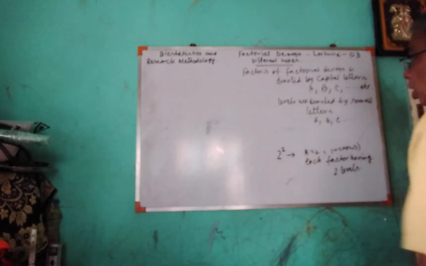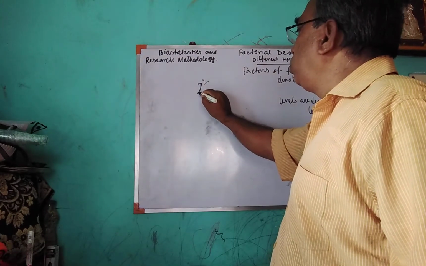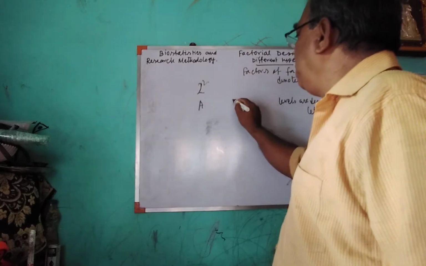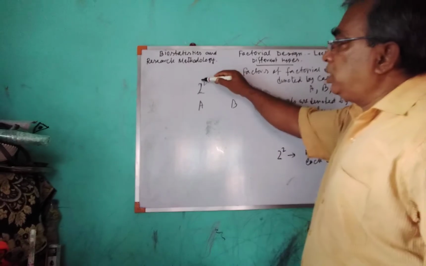So in a 2 square factorial design, as I already told, there are two factors, say factor A and factor B. The power 2 means the number of factors.